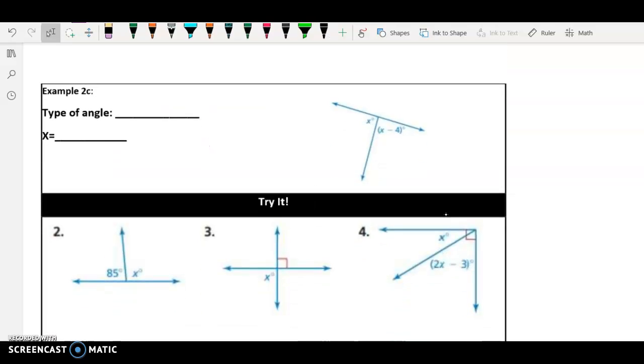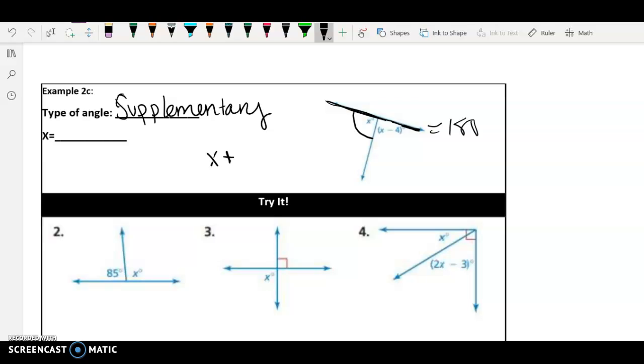All right, example 2. So this is a straight line here. And so we know a straight line equals 180. So that means that those are supplementary angles. And now we're going to solve for what x equals. So x is this. So we know that this angle x plus this angle, which is x minus 4, is going to equal 180 degrees.